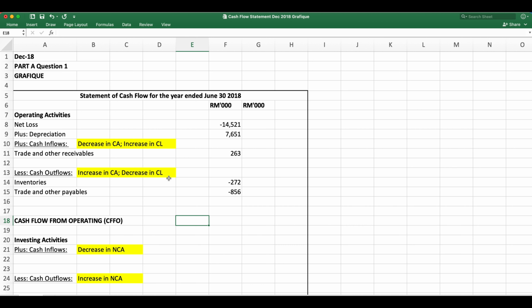When there is a decrease in the current liability, meaning to say Graphic has paid their accrual. That's why the accrual reduced, so it is considered as cash outflow. So a decrease in current liability, we record as cash outflow. So accruals will be recorded here under cash outflow. Alright, how much did they pay just now? The difference just now is 489.